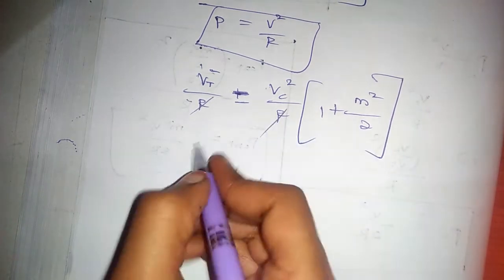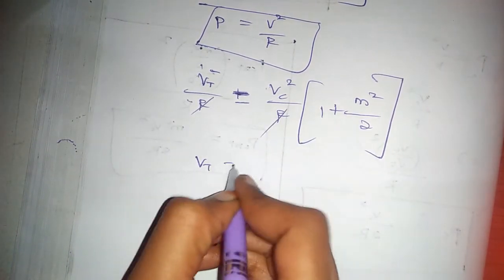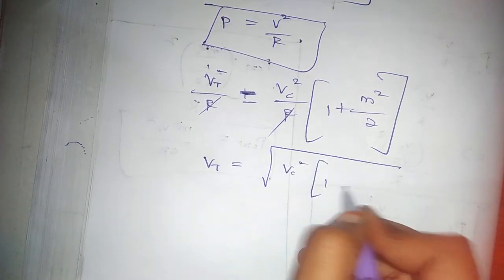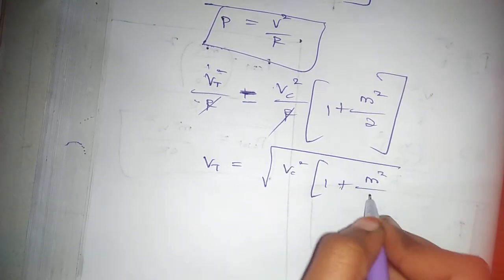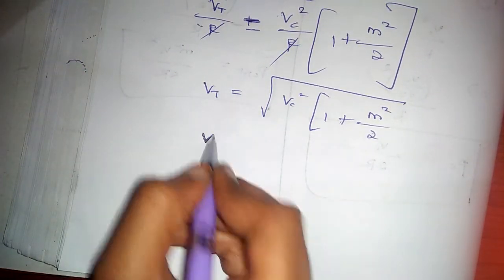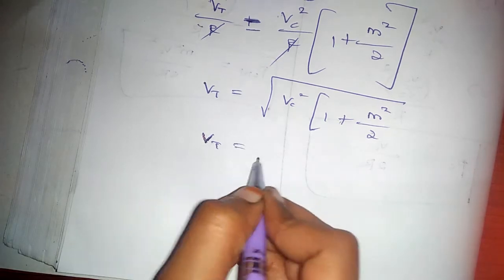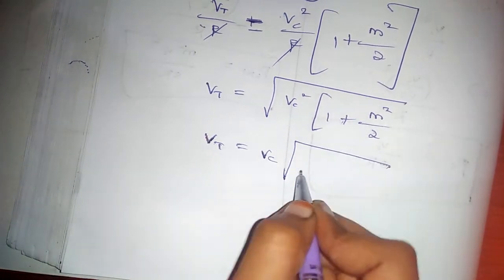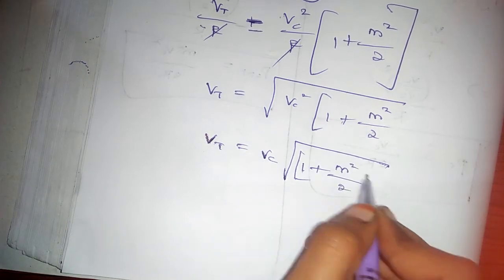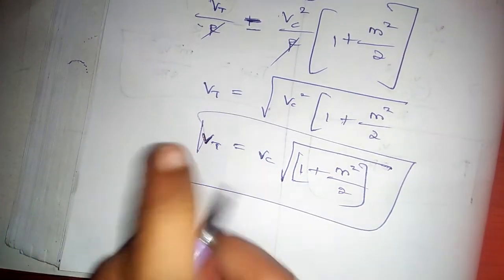Cancelling R, we get VT = root of Vc square of (1 + m square by 2). Taking Vc outside, VT = Vc root of (1 + m square by 2). This is in terms of voltages.